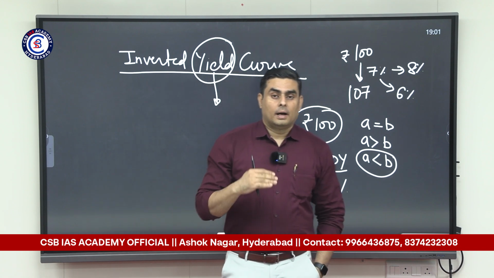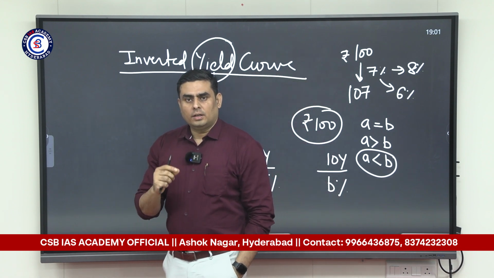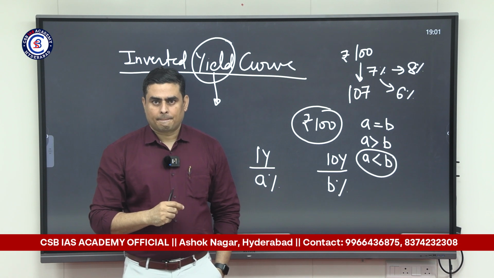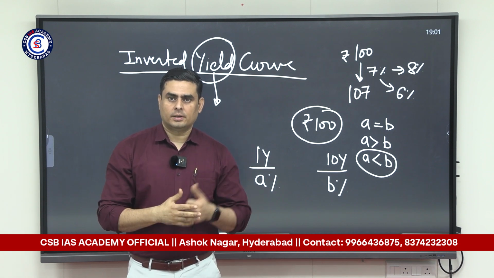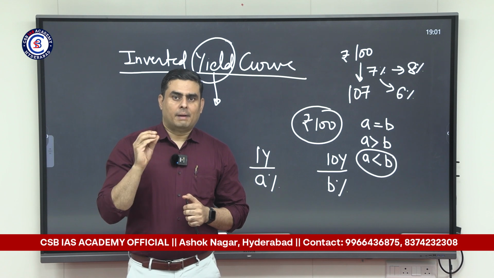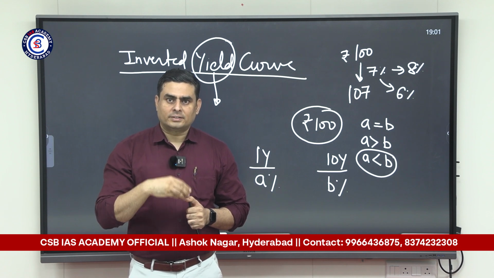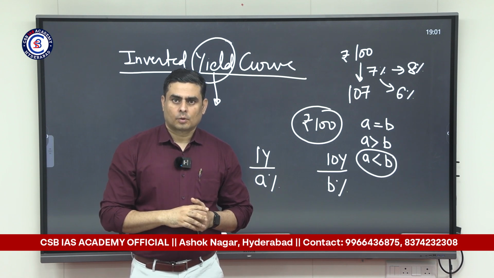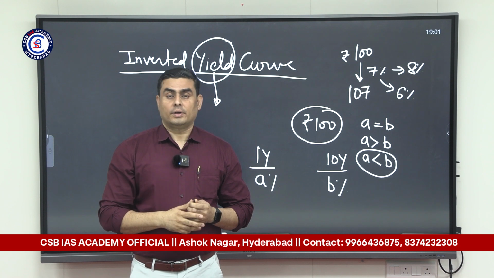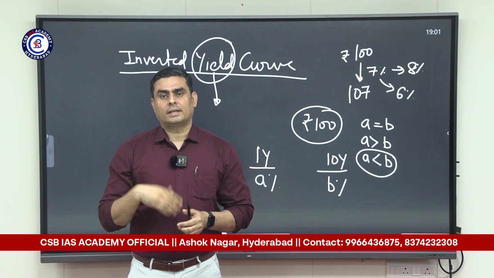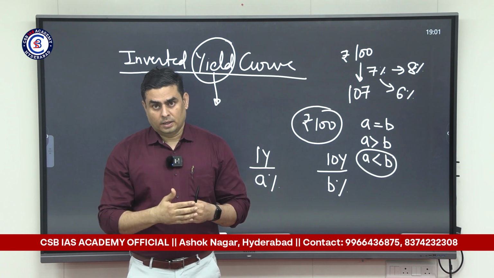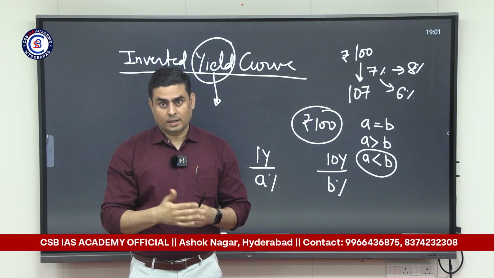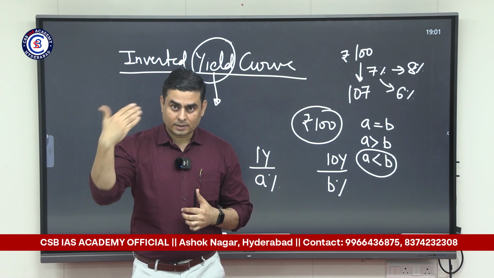Why? Because when you invest for a short time, for 1 year, the bank has to return that money after 1 year. Whereas when you give that money to the bank for 10 years, the bank can invest that money for 1 year, then for 2 years, and so on.